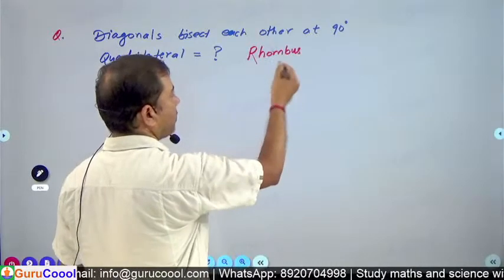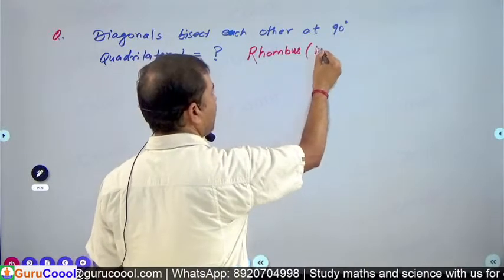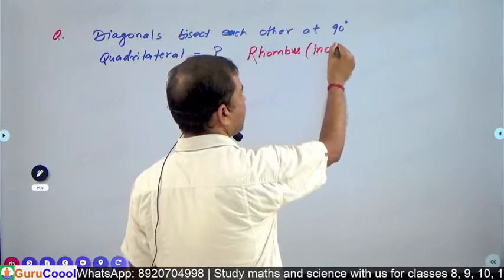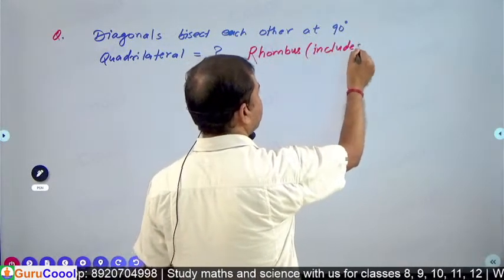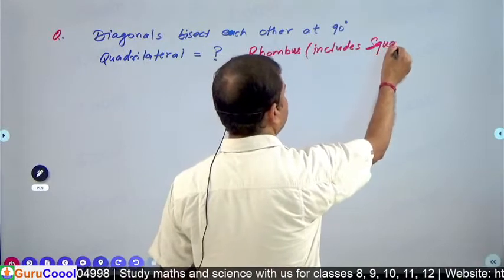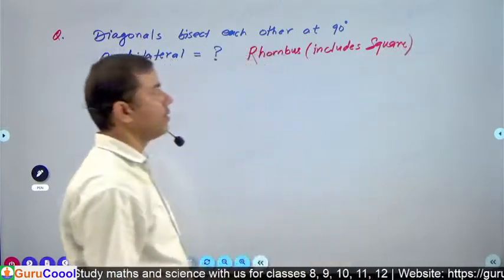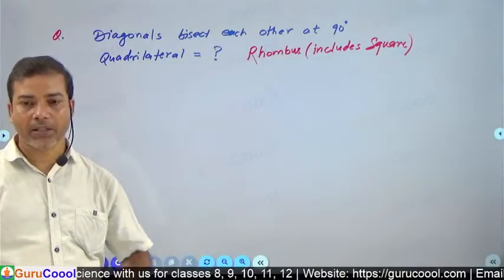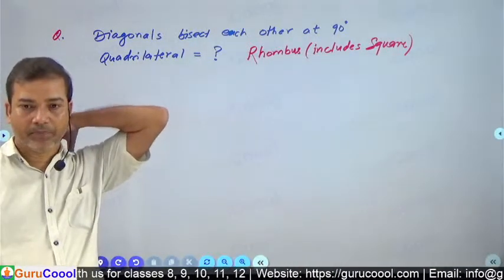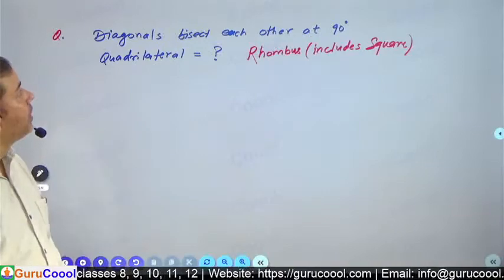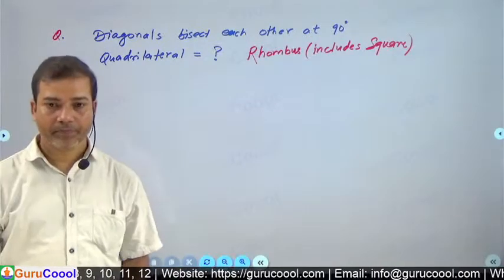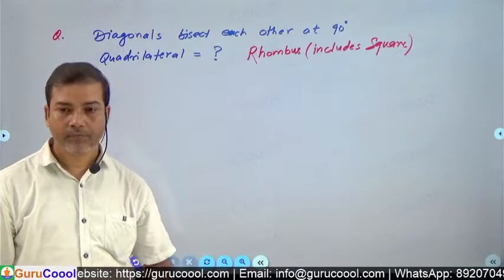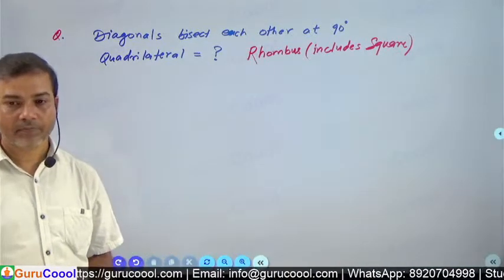That also includes a square. Rhombus includes a square. Do you understand this? Yes, sir. The square is included in rhombus, because a square is a type of rhombus. Got it? Yes, sir.